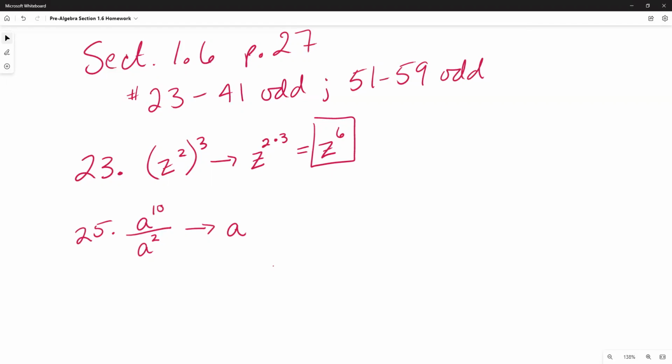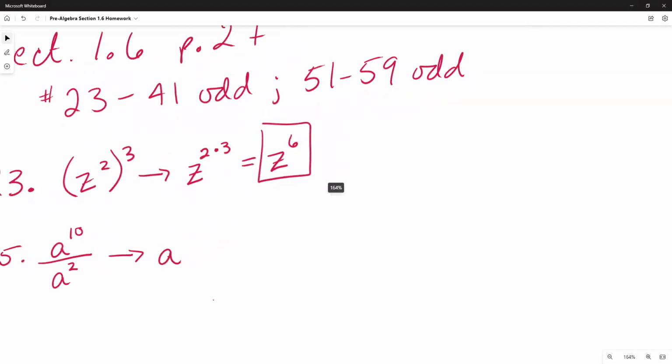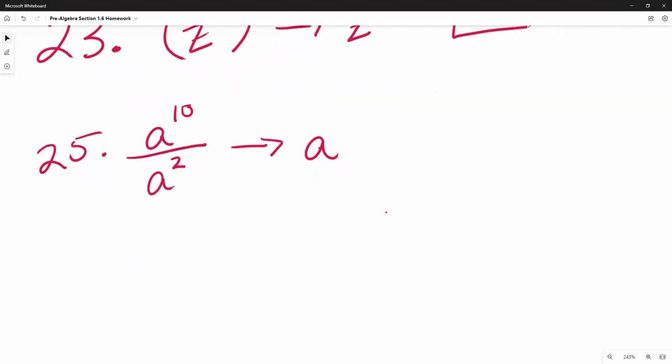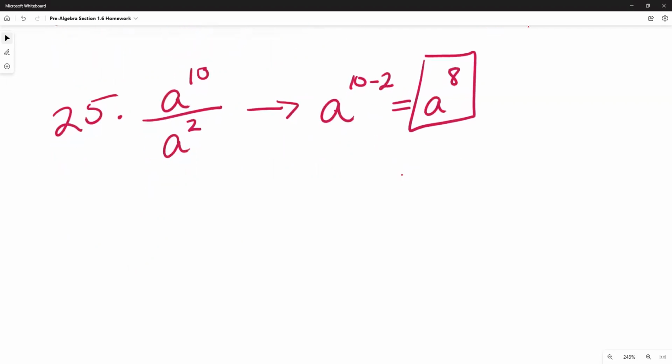All right, well, if you need to open your book to page 27 so that you can follow along, it's number 25. So 10 minus 2, right, the exponent of the numerator minus the exponent of the denominator. And so that gives us a to the power of 8.